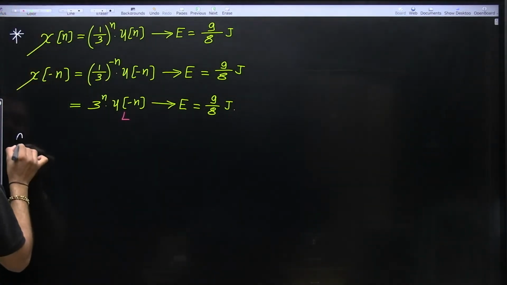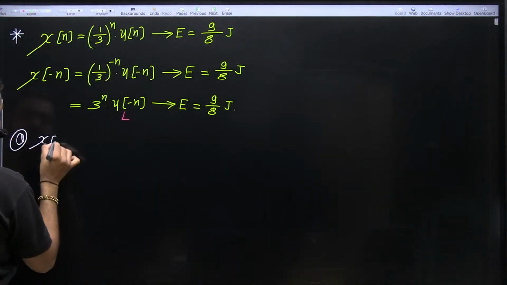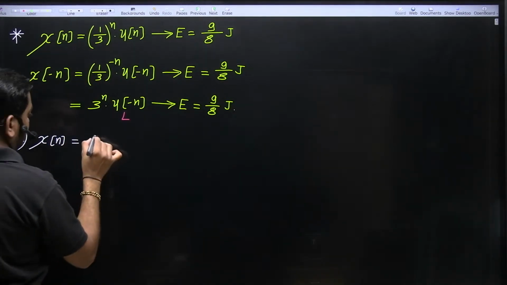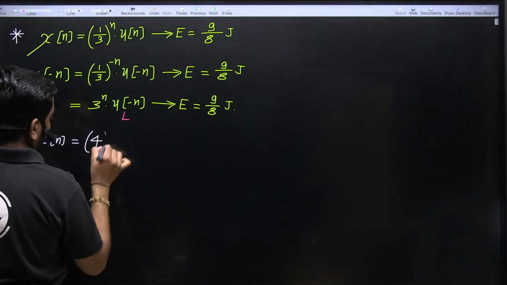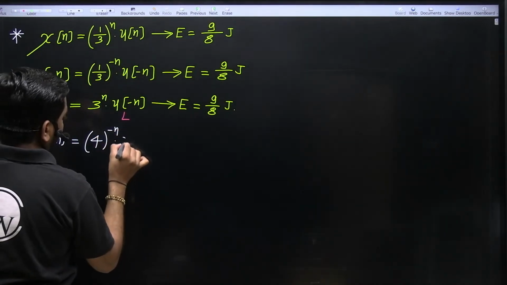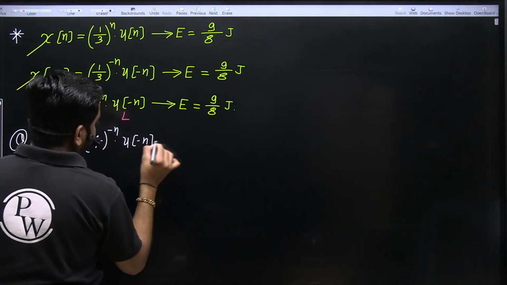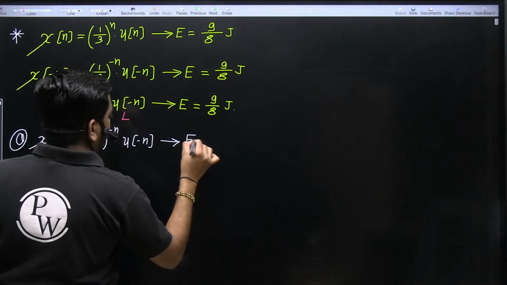Suppose I am asking to find the energy of this signal: 4 power minus n into u of minus n. Is it a decreasing or increasing function, and what will be the energy of this signal?